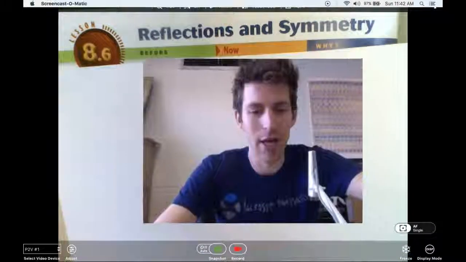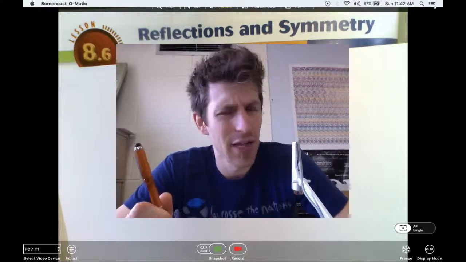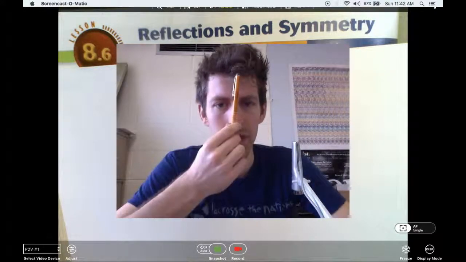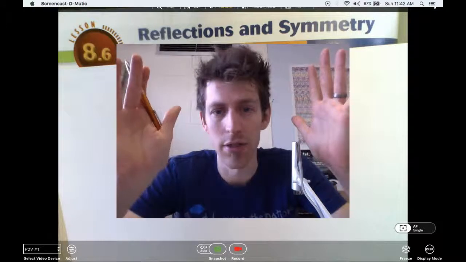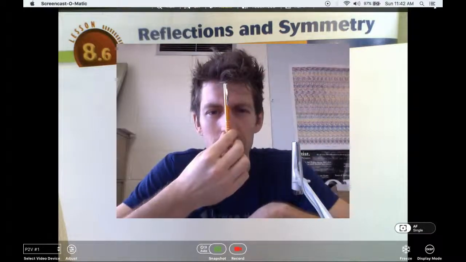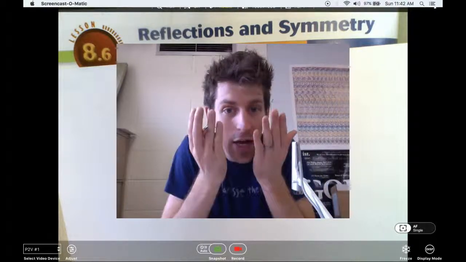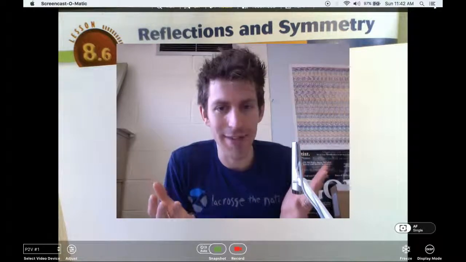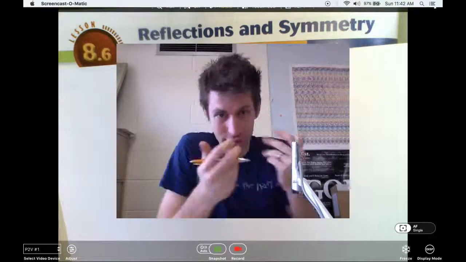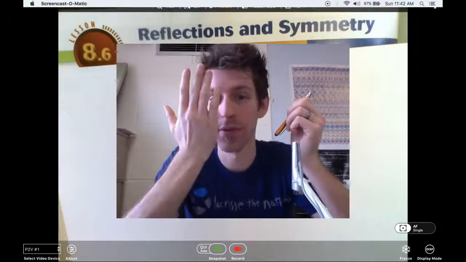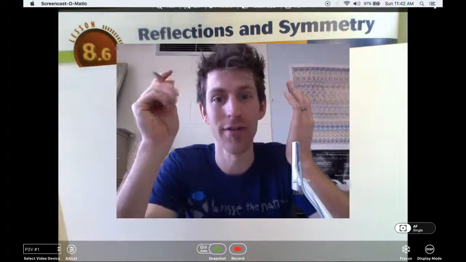The transformation that we're talking about today, though, are reflections. You guys know what a reflection is. And this has to do with line symmetry. Right? So if I was the perfect human, which I'm not, if I was physically flawless, you could draw a line right down the center of my face, and you could fold one side over to the other side, and every point of this side of my face that you fold over would map onto this side, right?